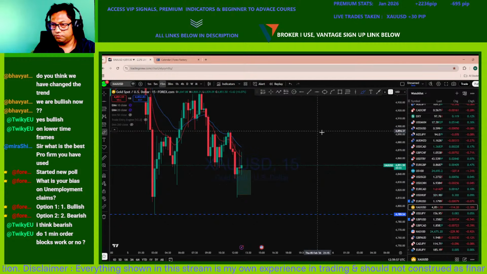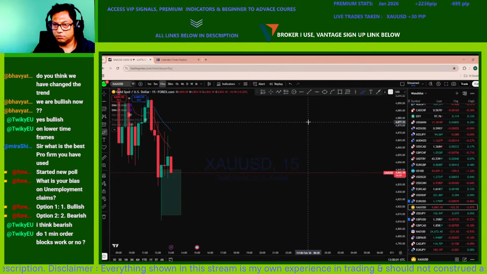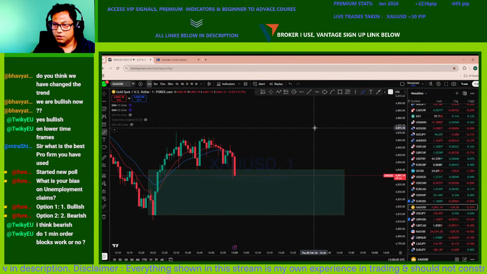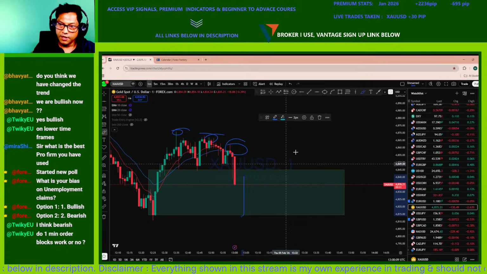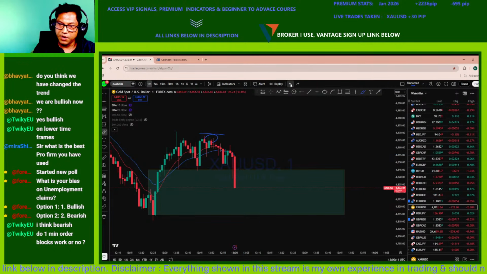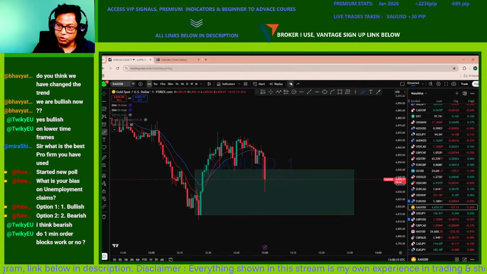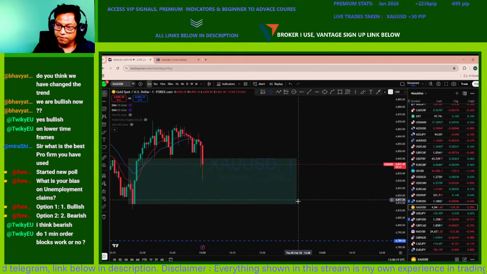So the market structure, we see that this is now a head and shoulders, and that is bringing the price back below to the support level, potentially to fill that zone, the imbalance.